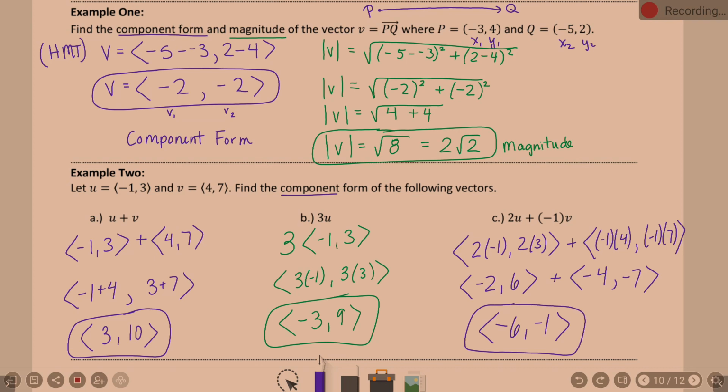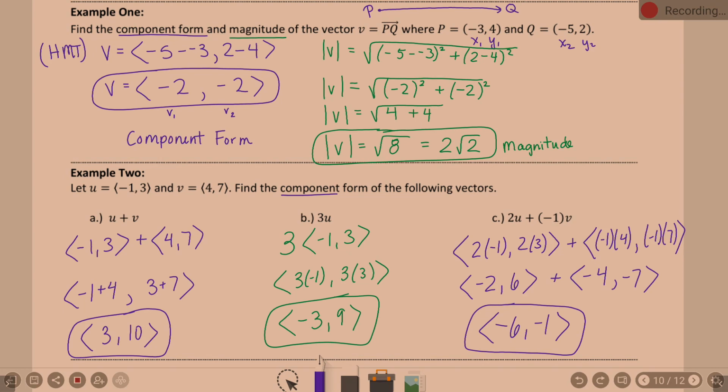And 6 plus -7 is -1. So I have the vector -6, -1.